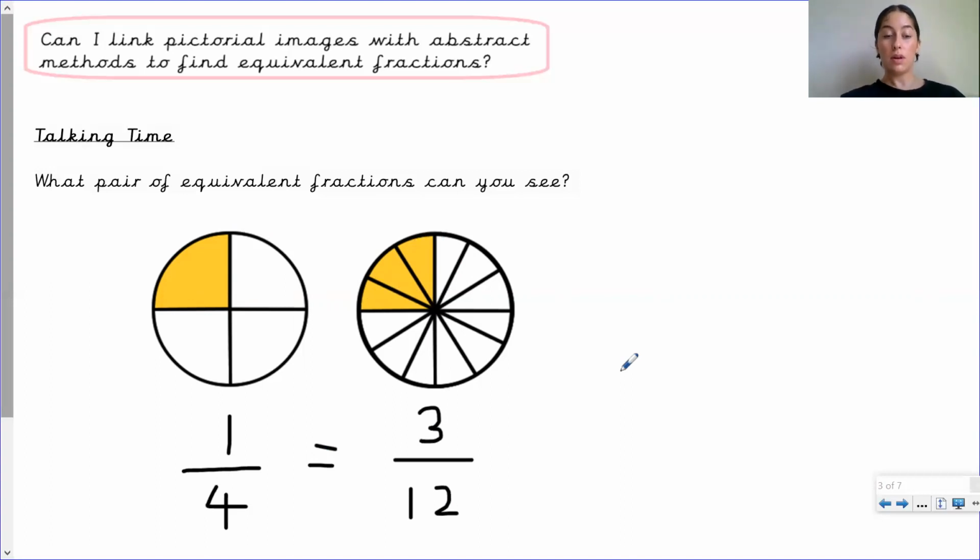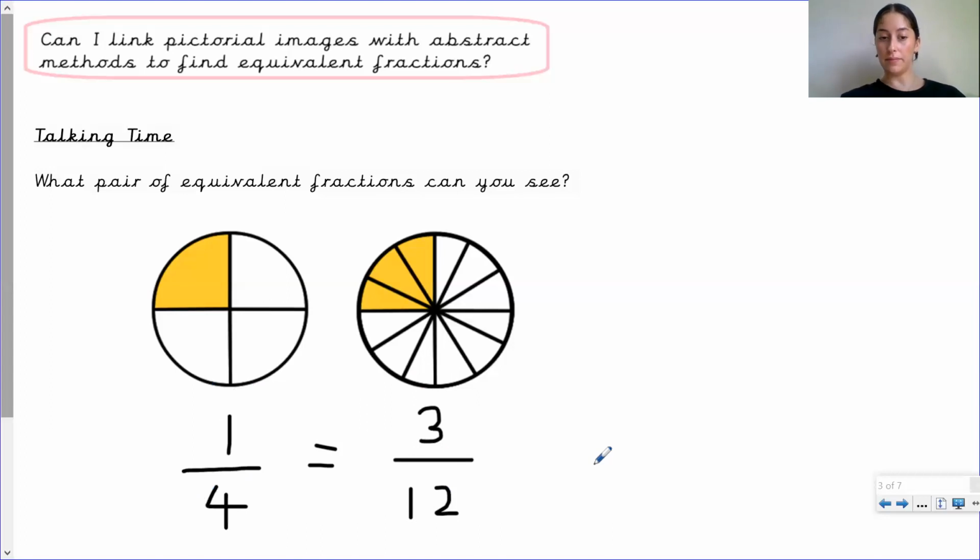Pause the video. What do you notice about the numerator and the denominator? Okay, how has my numerator gone from 1 to 3? What's happened to it? How has my denominator gone from 4 to 12?